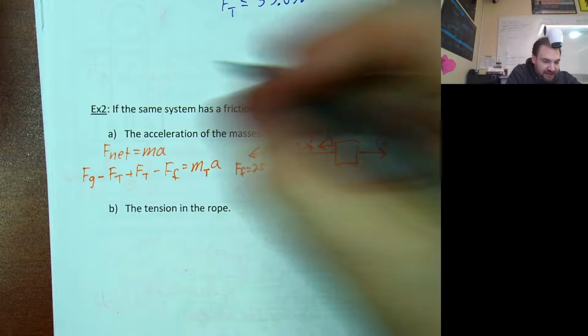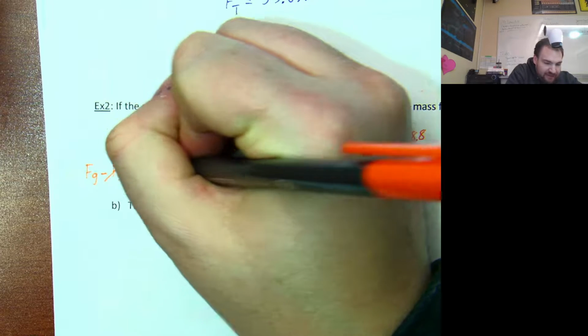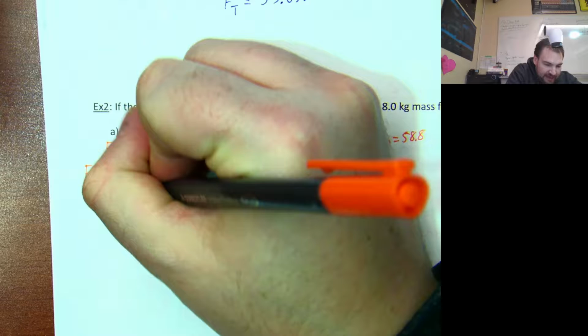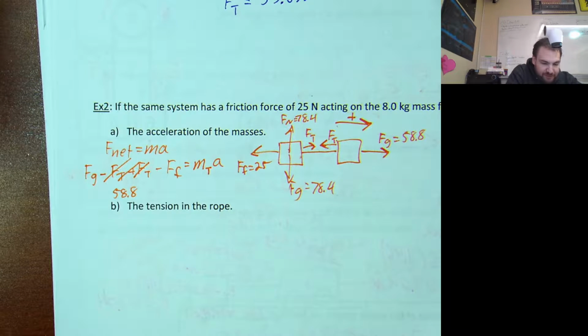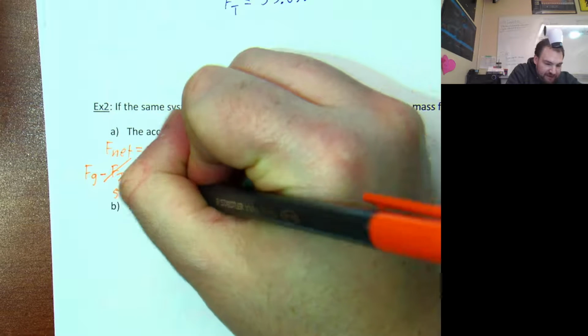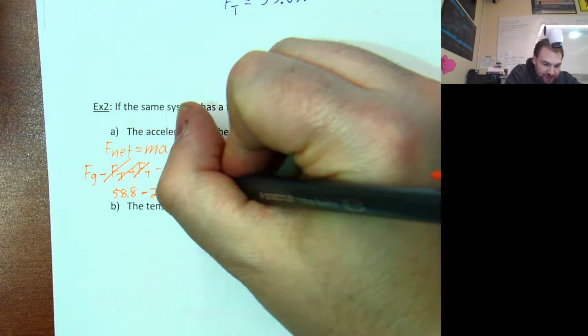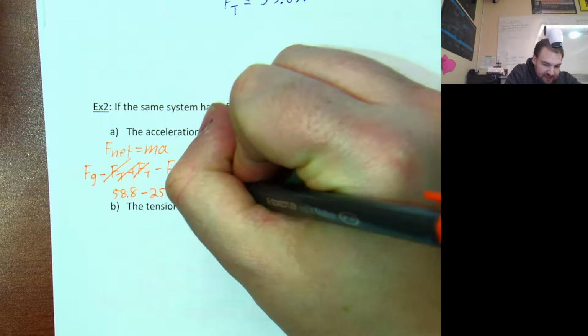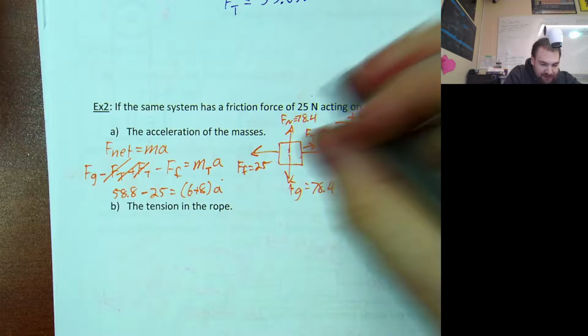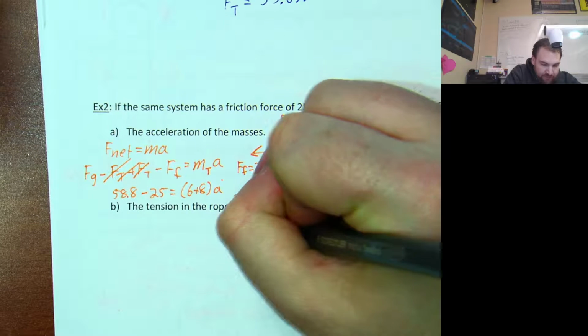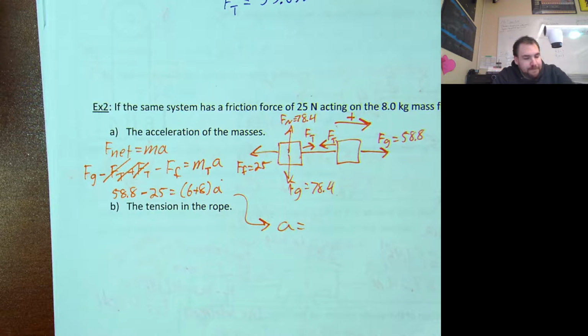And now I can fill this thing in. That and that are going to cancel, so I'm going to get 58.8 minus 25 equals my total mass of 14, the 6 plus the 8, times A. And I'm going to get a value now for A of what? We expect to be bigger or smaller than what it was previously?